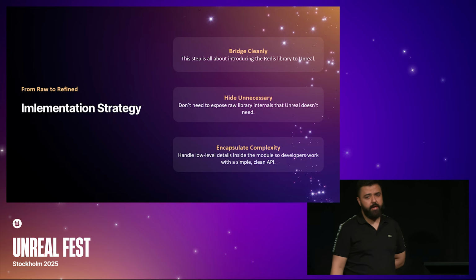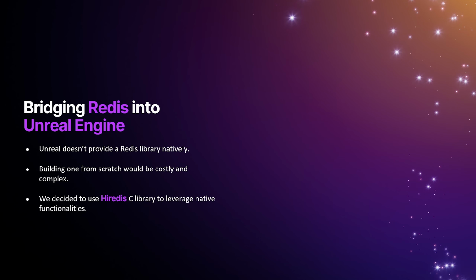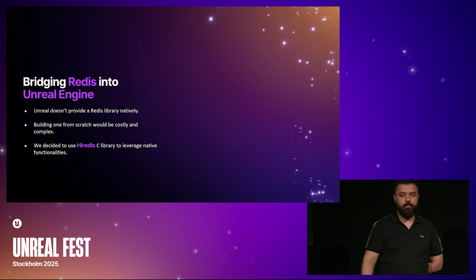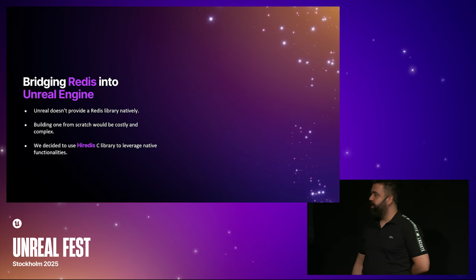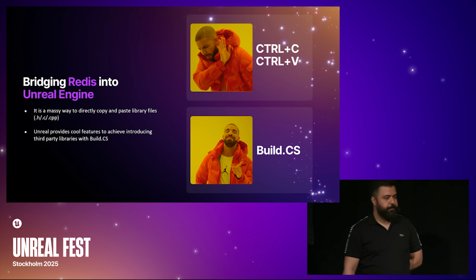And let's start by bridging cleanly. As you probably know, Unreal doesn't provide a native Redis library. And building it from scratch is complex and costly. If you try to build it from scratch, you'll probably have to handle a bunch of things. So we have decided to use the Redis C library. It is an open source library, which is commonly used also in C family languages.